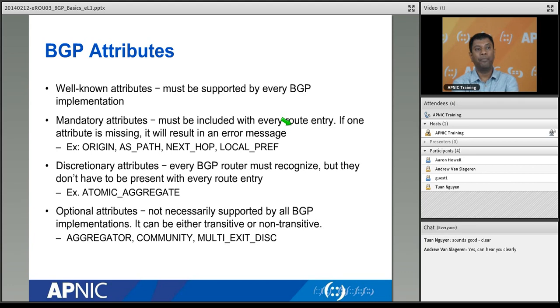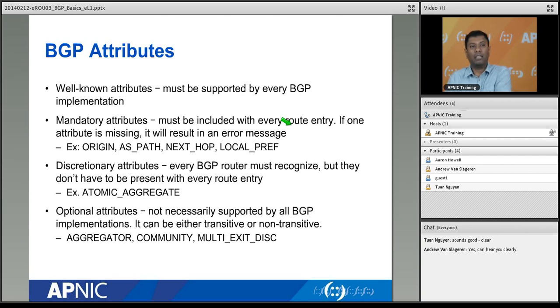And as I said, BGP has a number of attributes. So when the BGP protocol considers the attributes to select the best path, not all the attributes will be considered together. They will be considered in a sequence in BGP.